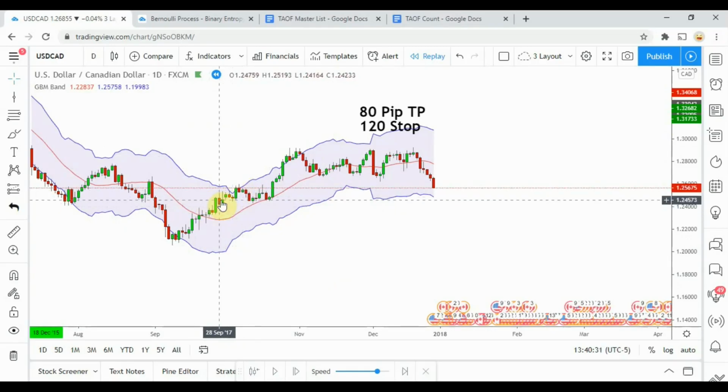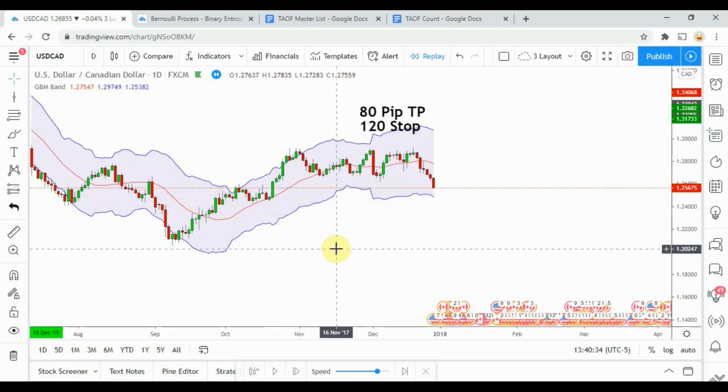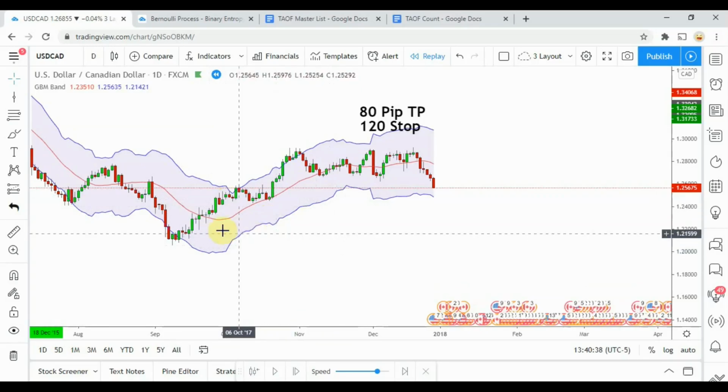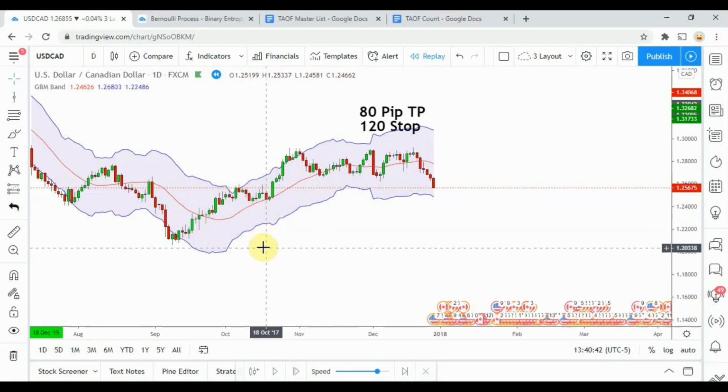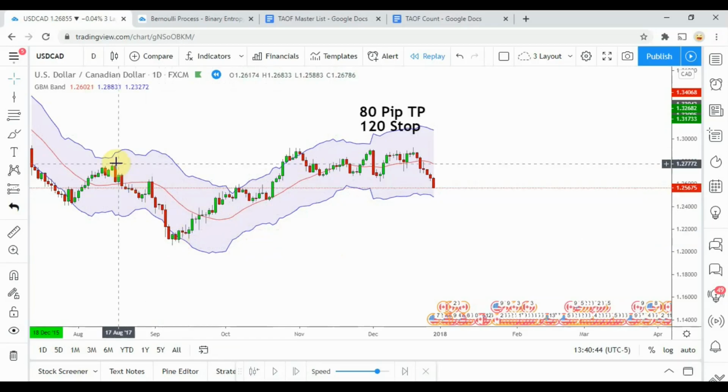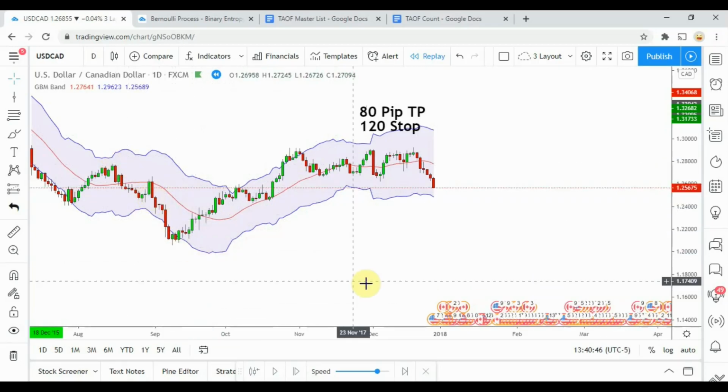So when price action gets to the upper or lower band, that is a sign that there is a lot of momentum in that move. If it hits the upper band, there's momentum to the upside and you should be going long. And if it hits the lower band, there's momentum to the downside and you should be going short. And so now we have two completely contradicting points of view of how Bollinger Bands should be traded.